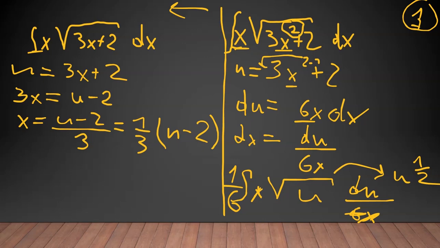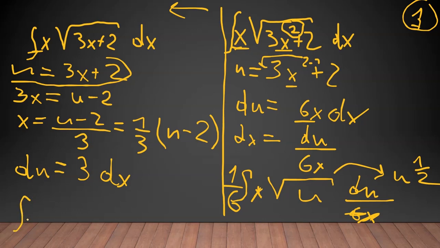Okay, and look what's going to happen. Now we can also write du equals 3 dx from the derivative, right? du is the derivative of u times dx. And now with this information you can rewrite this integral in this format.